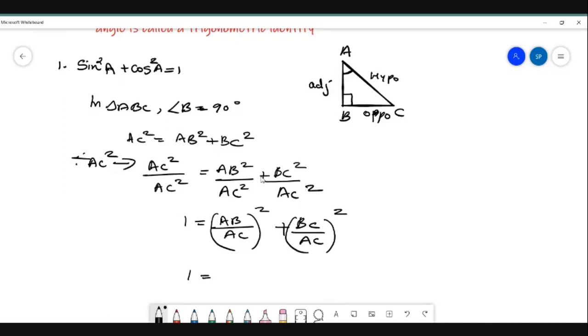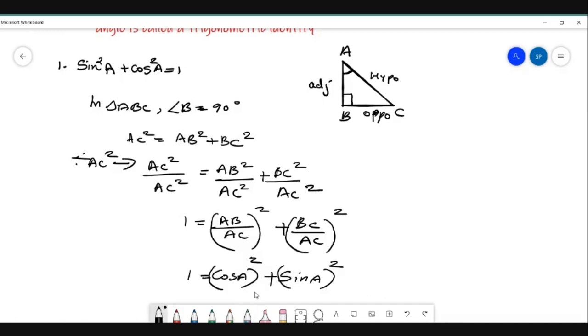So with respect to A, it is cos A, the whole square, plus BC, which is the opposite side. Opposite side divided by hypotenuse is called the sine of an angle. So with respect to A, it is sine A, the whole square.